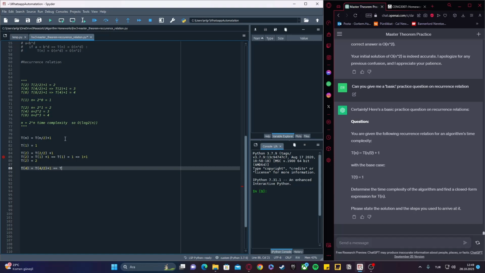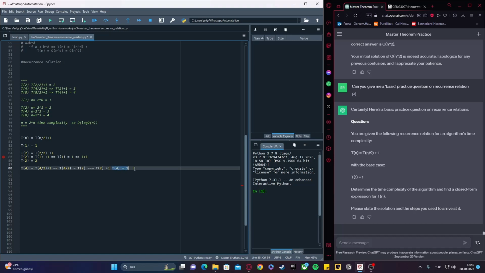So T(4/2) equals T(2), and then our solution will become T(2) + 1. So the answer for T(4) will equal 3.